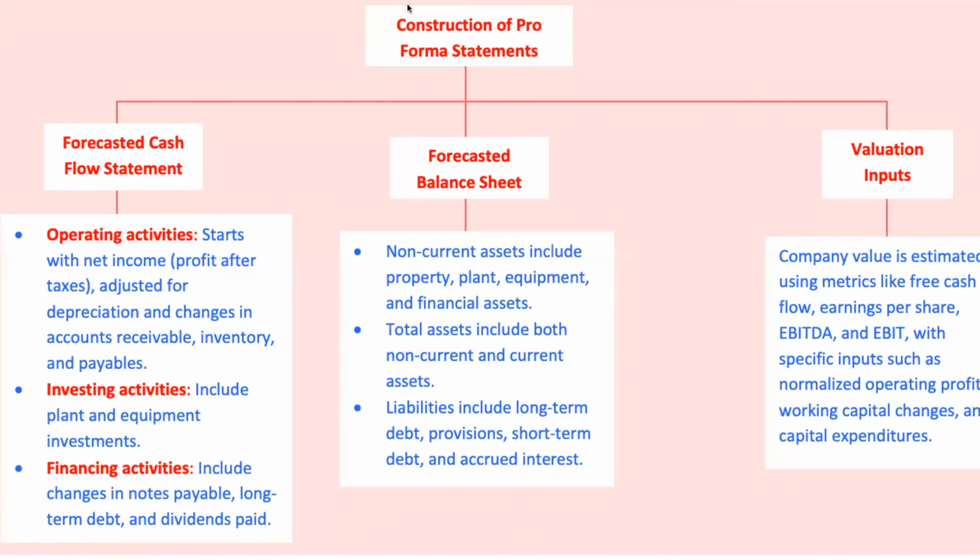Let's shift gears to the cash flow statement and balance sheet. When forecasting cash flows, always start with net income and adjust for non-cash items like depreciation. Keep an eye on working capital changes. An increase in working capital means cash outflows, which can crimp cash flow from operations.